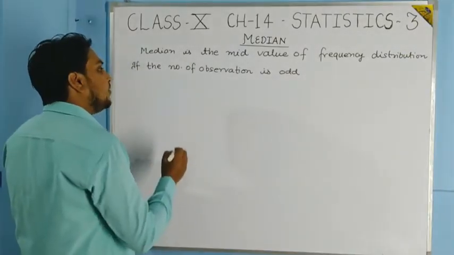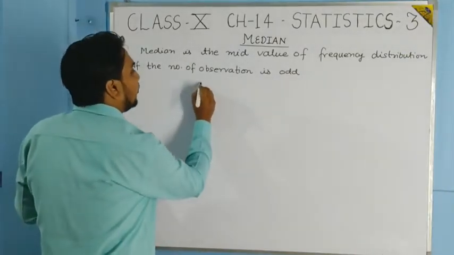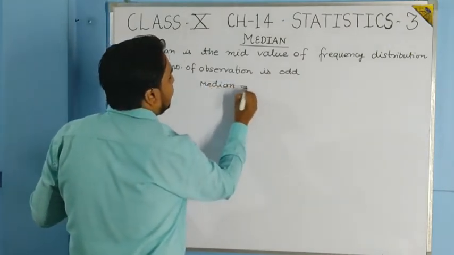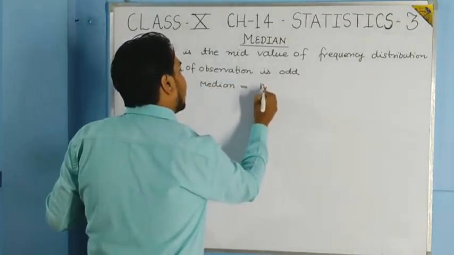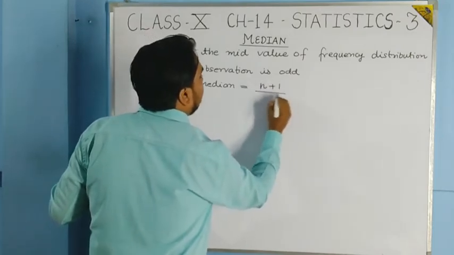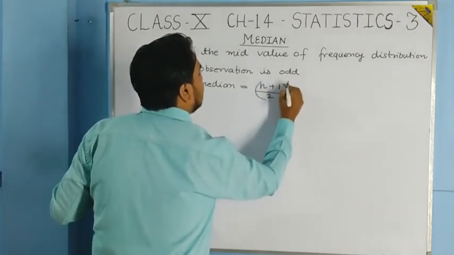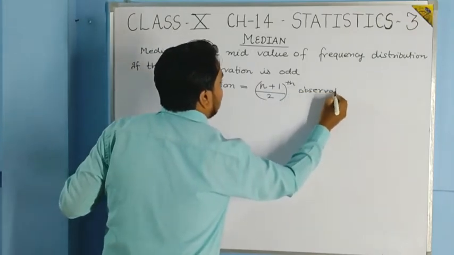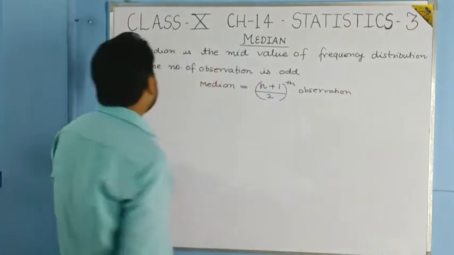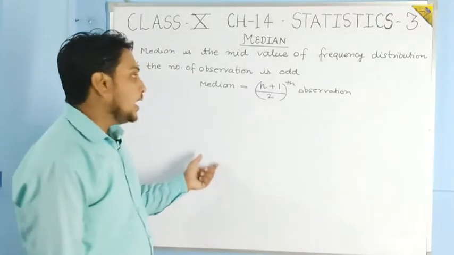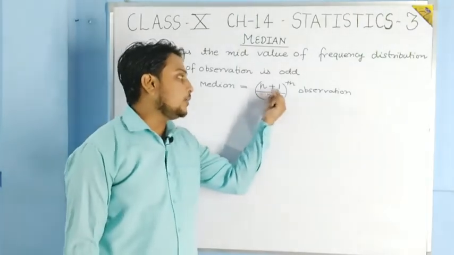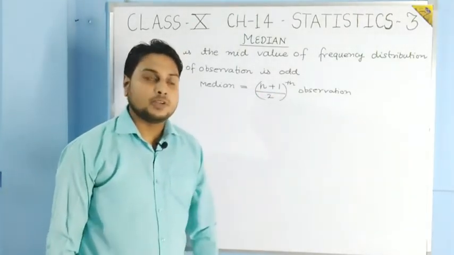If the number of observations is odd, then we have studied the formula that median is equal to n plus 1 by 2th observation. Okay, this we have studied in class 9, that if the number of observations is odd, then how can we find the median? We have studied the formula n plus 1 by 2th observation.